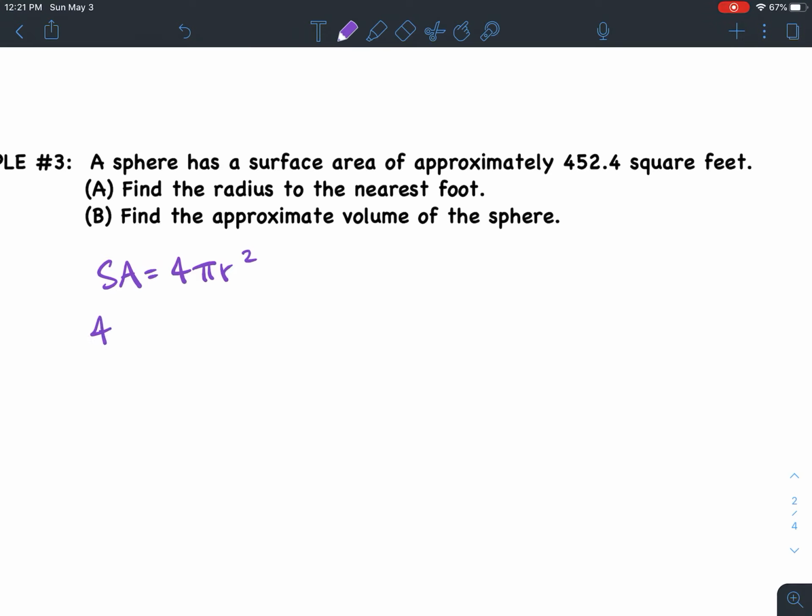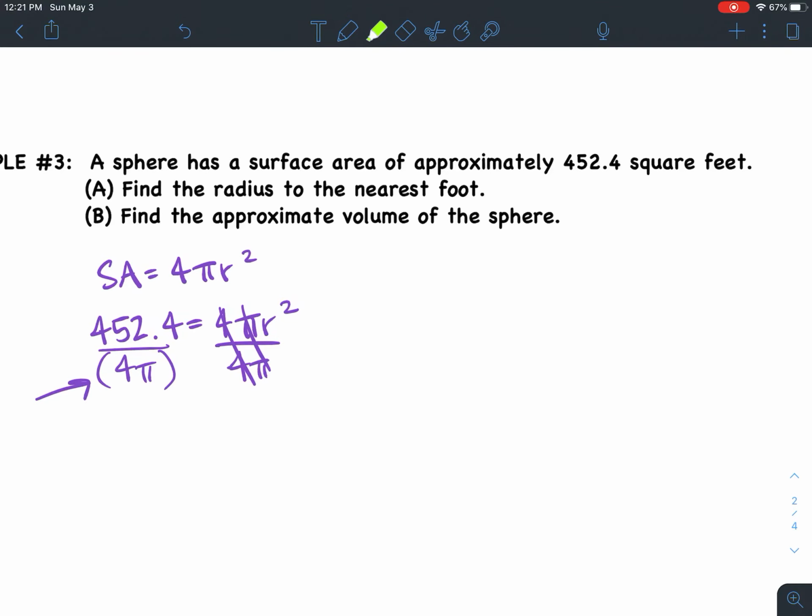My surface area is approximately 452.4 equals 4 pi r squared. So I'm going to have to divide by 4 pi. And here's that spot where you might mess up again.